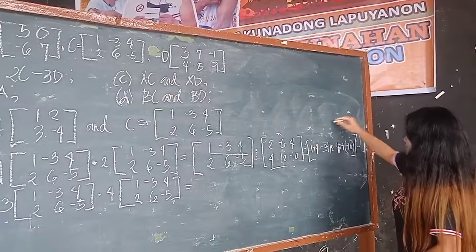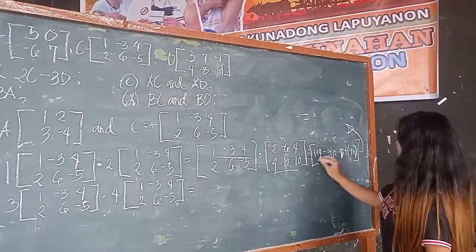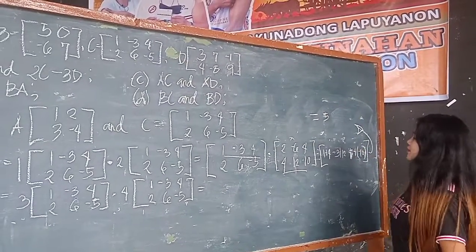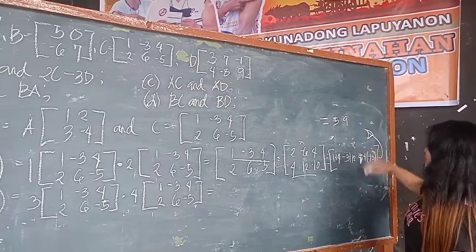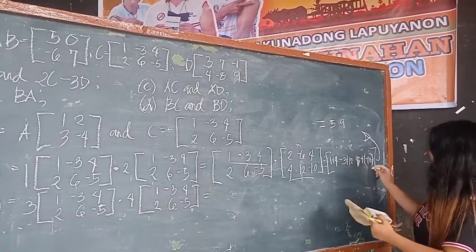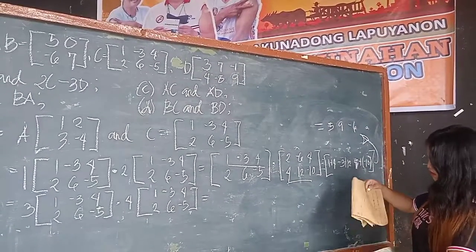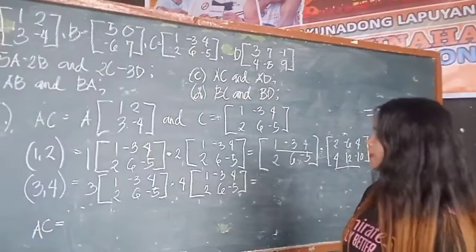So, the answer is: 1 plus 4 equals 5. Negative 3 plus 12 equals positive 9. And 4 plus negative 10 equals negative 6. So, this is for 1 and 2, then the 3 and 4.